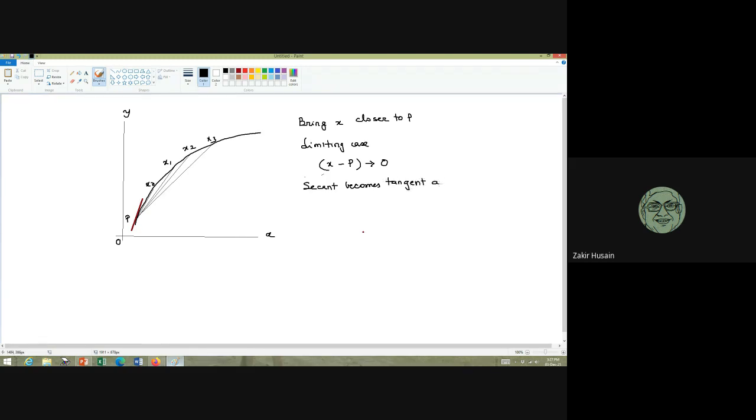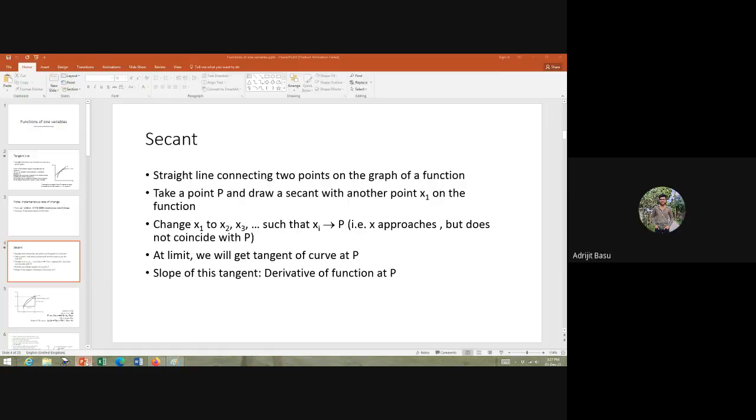The secant becomes the tangent at P. Okay, is it clear? Yes, sir. Okay.